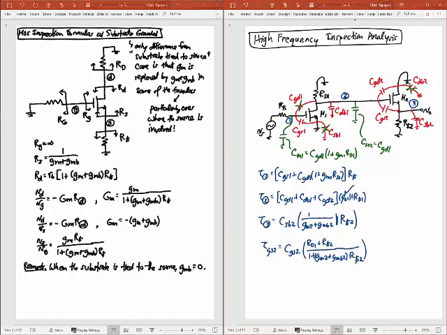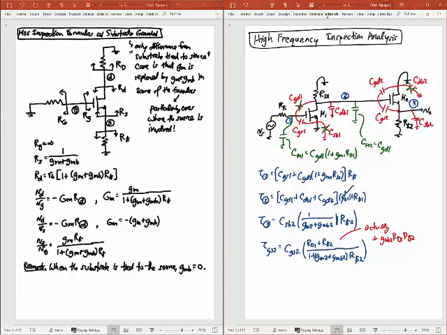Somewhat like that. Okay? And so that now is the time constant associated with tau GS2. Now, if you went ahead and derived this, you would see that in actuality you need to add to this numerator a GMB2 times RD1 times RS2.